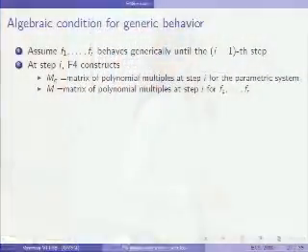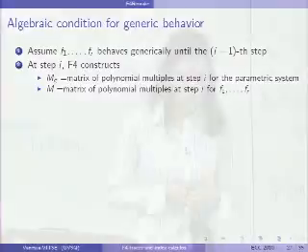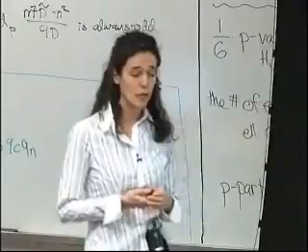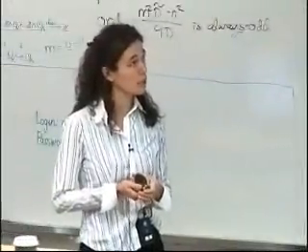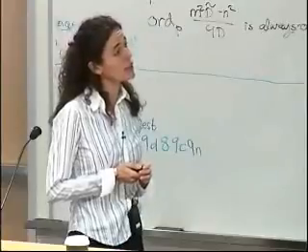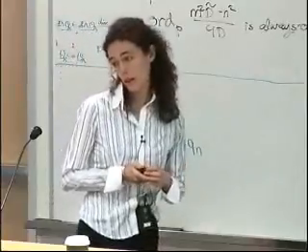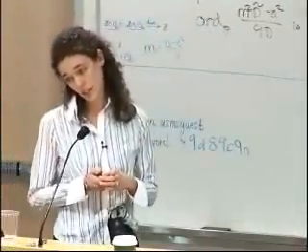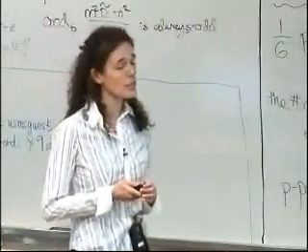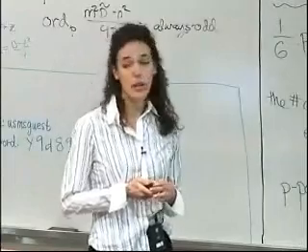Okay, so now that we have this terminology, I would like to give you an algebraic condition for this generic behavior and estimate the probability that F4 remake computes the right Gröbner basis. So I will assume that until the step i-1, the instance behaves generically. And at step i focus on the two matrices constructed by F4 algorithm.